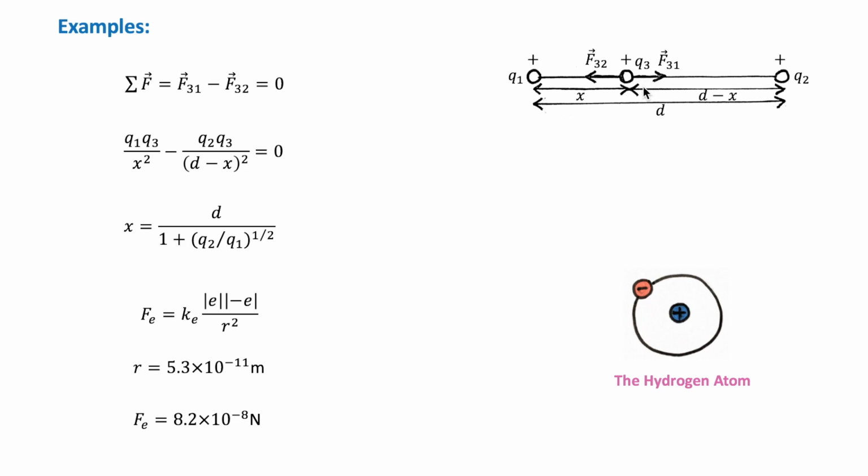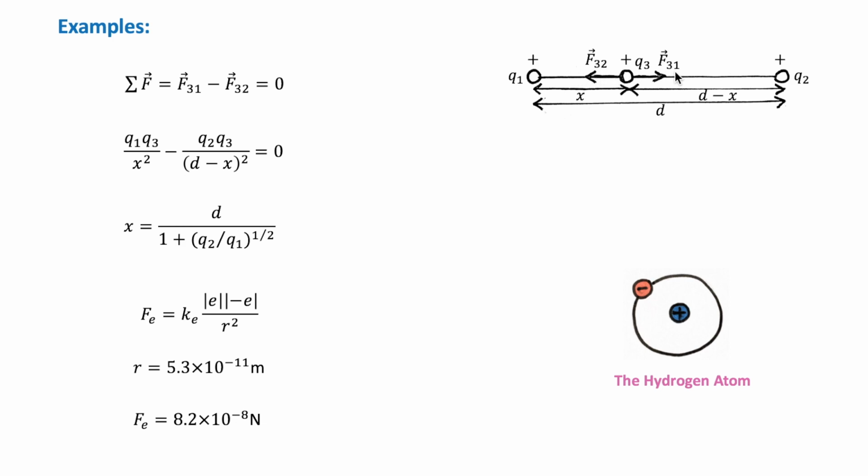So the net force on Q3 is equal to F31 minus F32. F31 is the force on 3 from 1, and it's repulsive, that's why it's in this direction, and Q3 is also repelled from Q2, so the force on 3 from 2 is in this direction.